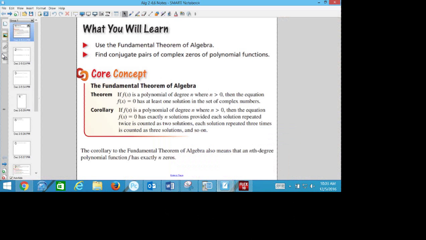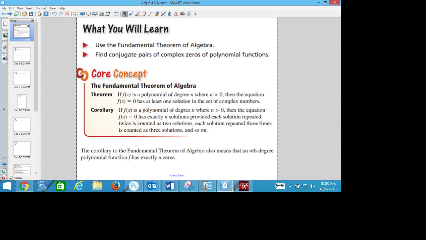So today we're using the fundamental theorem of algebra, which says a lot of things, but what we're going to get out of it is that the degree is going to tell us how many solutions there are. Now remember, sometimes the solutions can be repeated, where it might pass through x equals 2 twice.